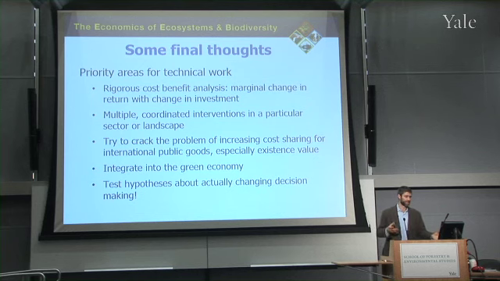The second point is I think that the expression of a lot of this stuff, addressing market failures in particular, can find itself in trying to roll out multiple coordinated interventions in a particular landscape, or perhaps an economic sector.